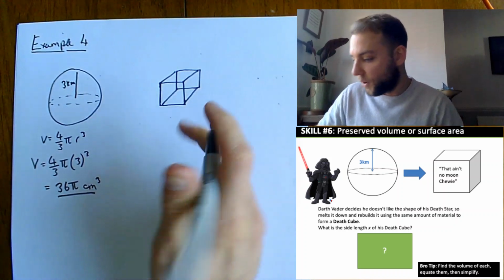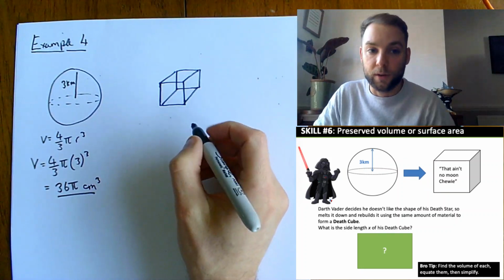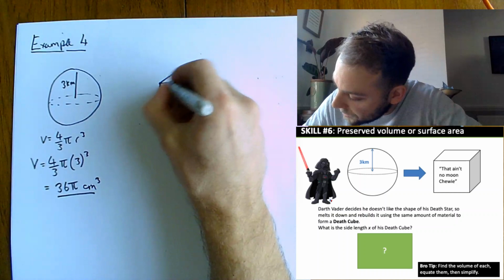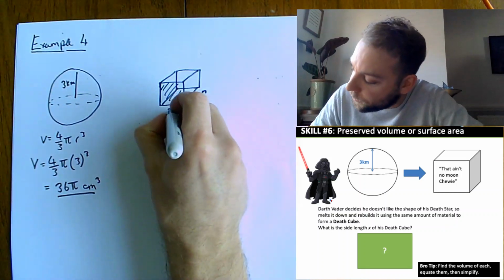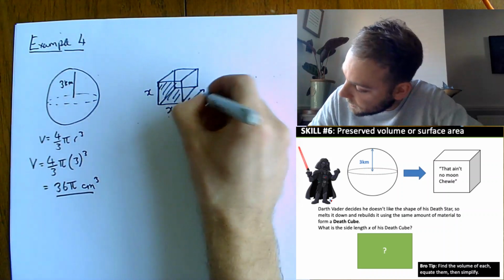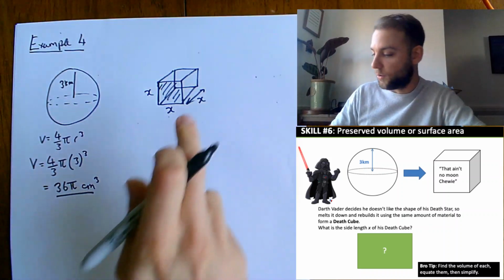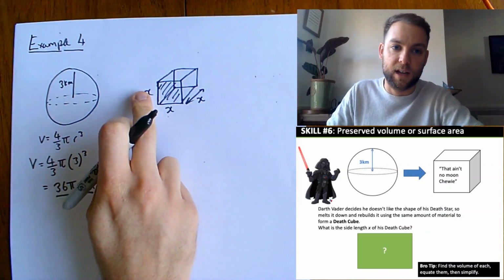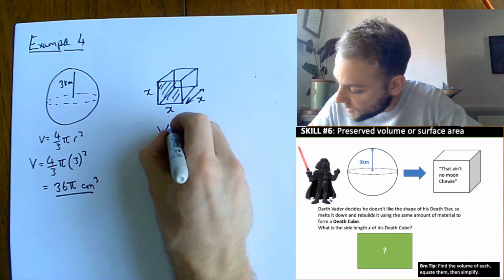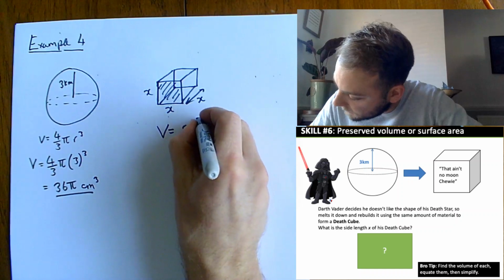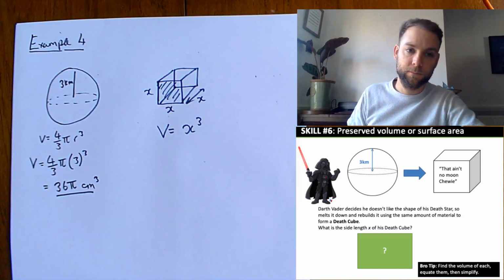Now, if you want the volume of a cuboid, it's going to be the cross-sectional area times by the depth, but we know that all of these are x, x, and x. So the cross-sectional area is x times x, which is x squared, times by the depth, which is going to be x. So the volume of this one is equal to x cubed.